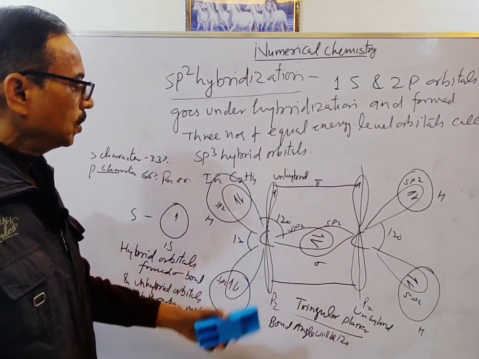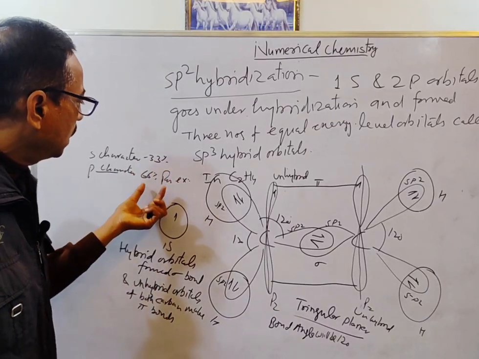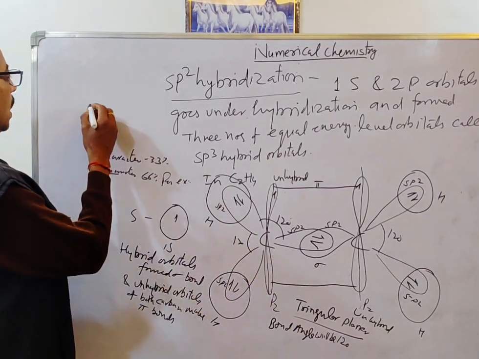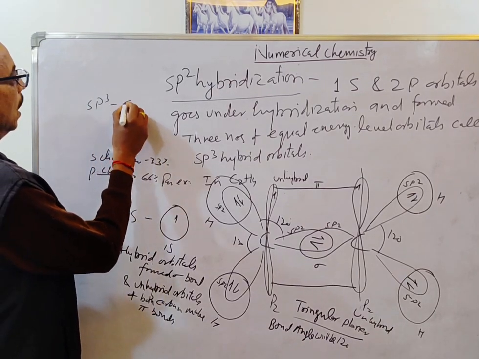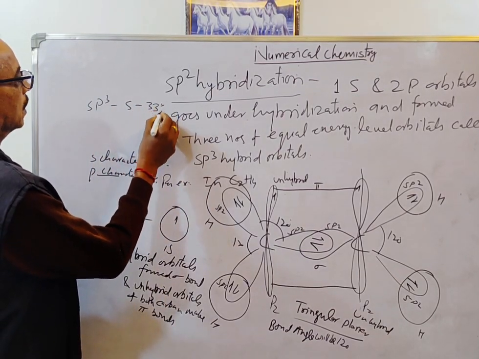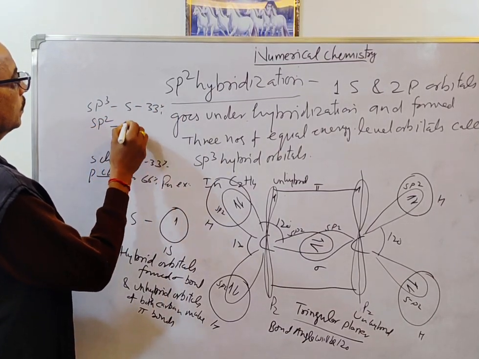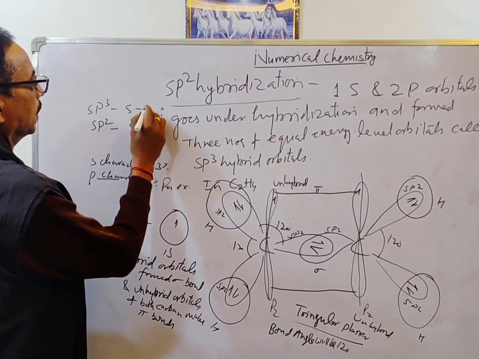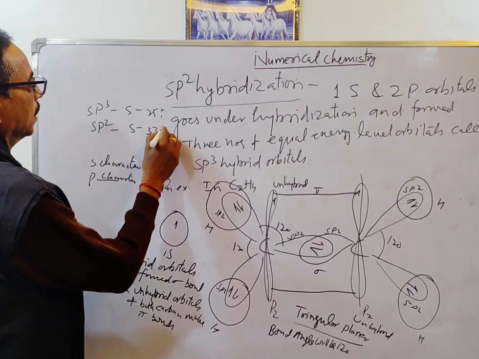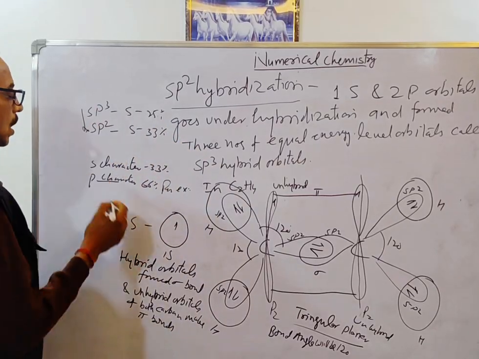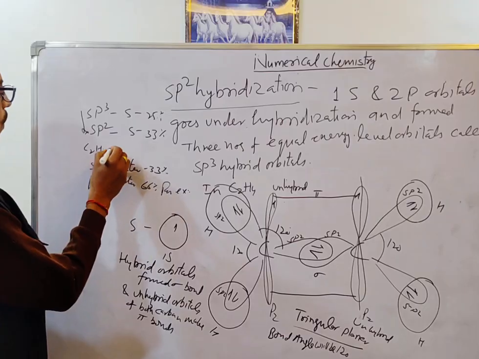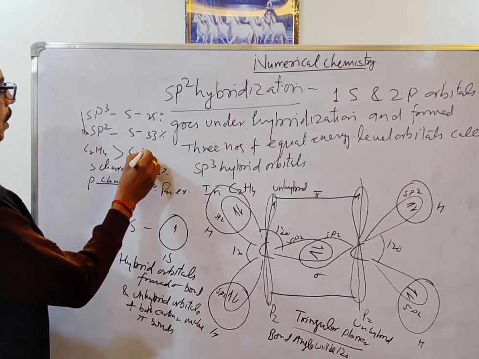And one thing you must know: as S character increases, the acidic nature increases. I have told you earlier, in sp3 S character was 25%, in sp2 it is 33%. So this is increasing. It means the acidic character of C2H4 is more than C2H6.